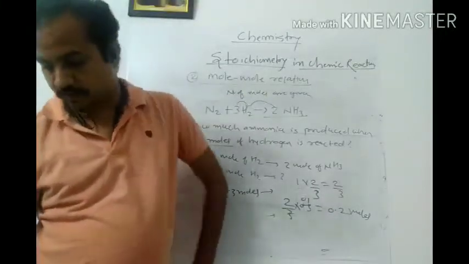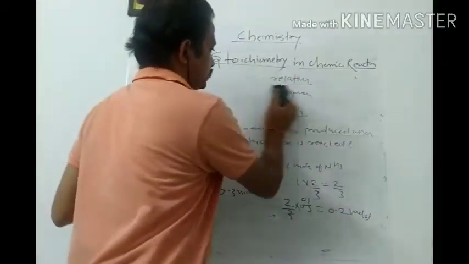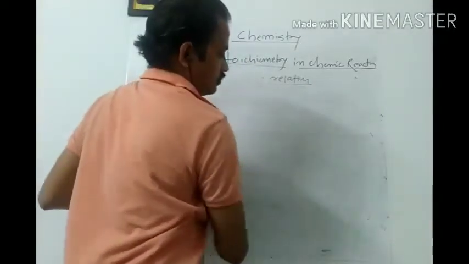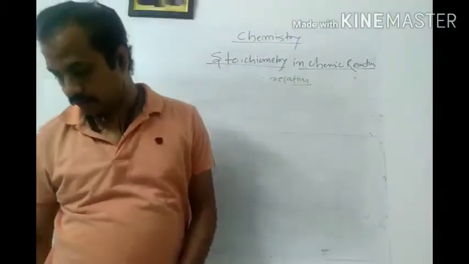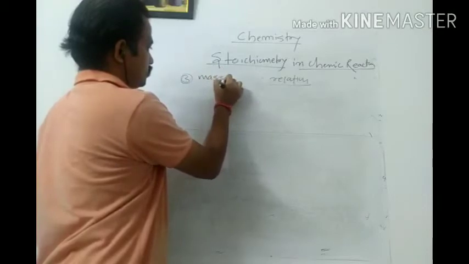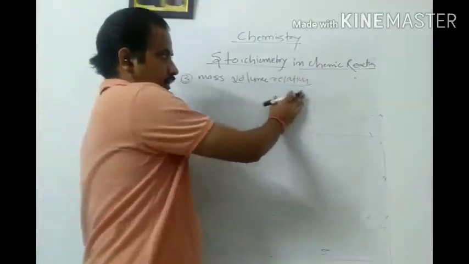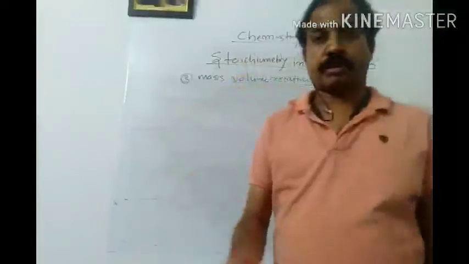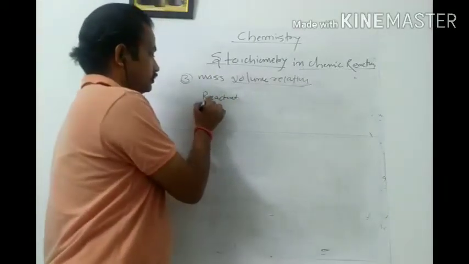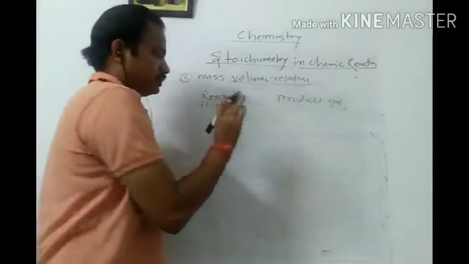The third relation is the mass-volume relationship. Here the reactant is in mass and we will get the product also in mass, or in gas form. The reactant is in gas, and we will get the product also in gas form. So this is the relationship.